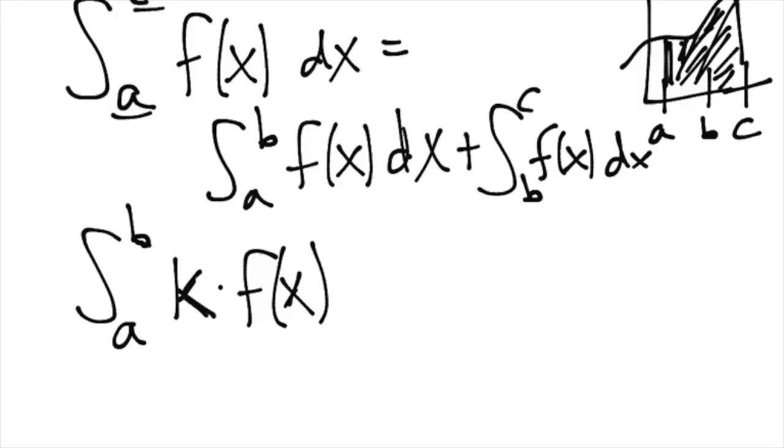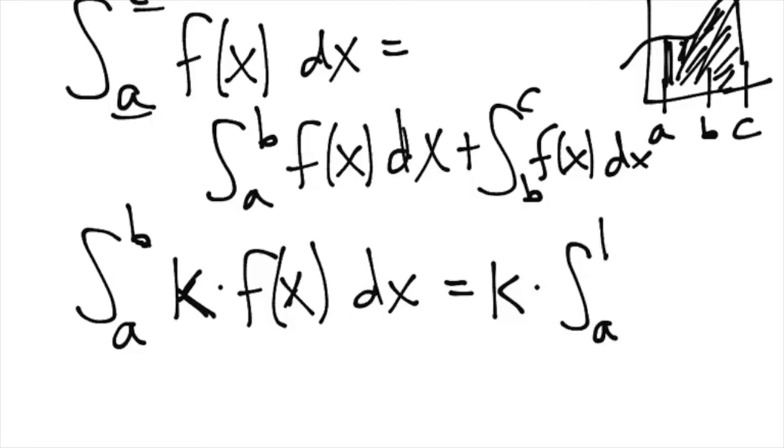So you can think about what you would expect to happen when you have some constant K. It actually works exactly the same way as when you're taking derivatives: you can just leave that constant multiplier out front and then look at the integral from A to B of f of x dx separately. This is like saying take the derivative of a function and then just multiply by that constant multiplier that was out front in the first place.